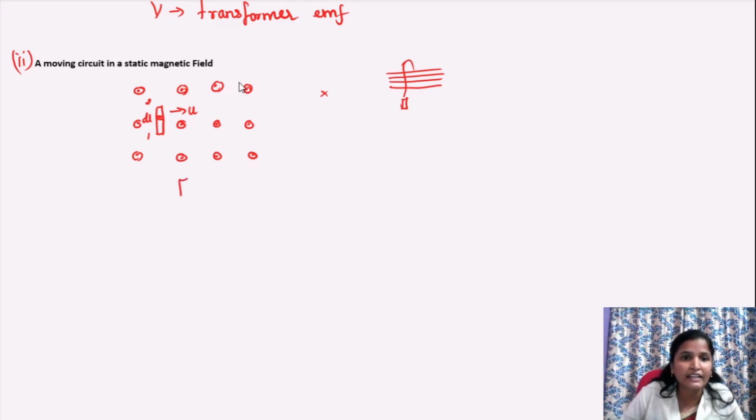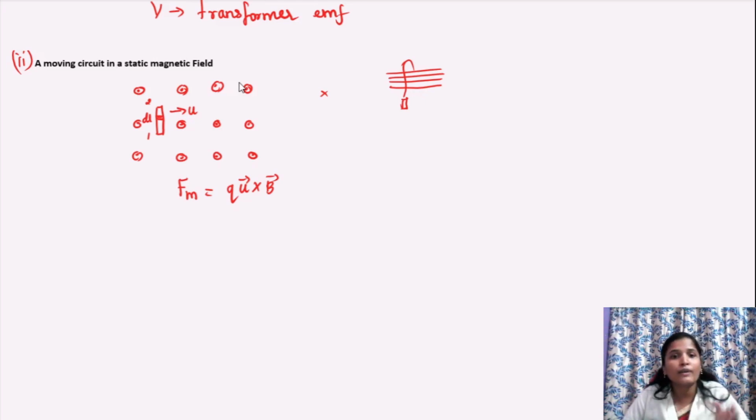This magnetic force is denoted by the symbol Fm, and it is given by the formula Q u cross B vector. The meaning is that the charge inside the conductor will be flowing at a constant velocity of u across this magnetic flux. So this is the meaning of this formula.